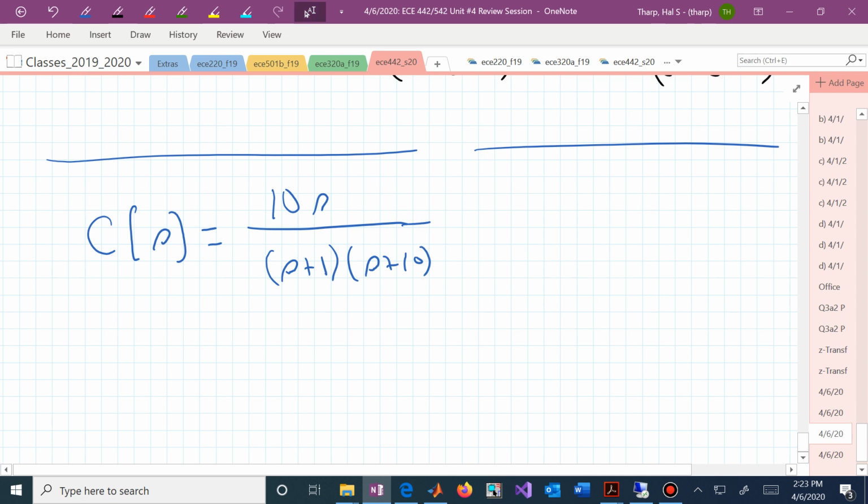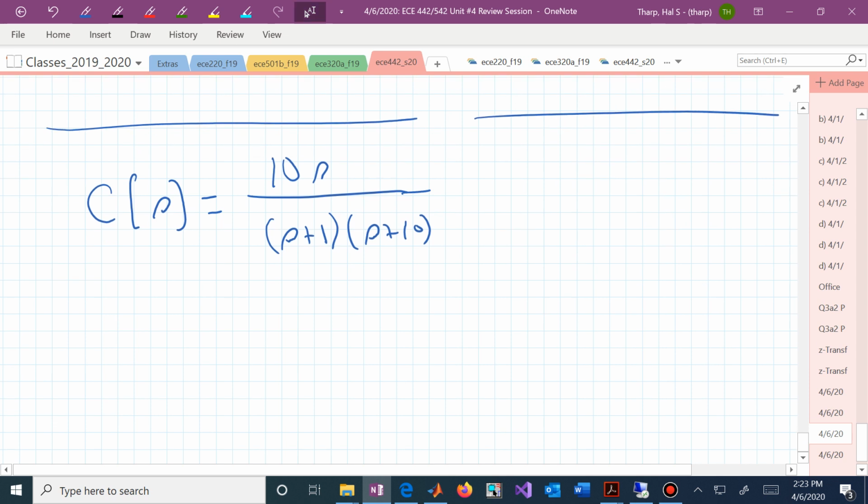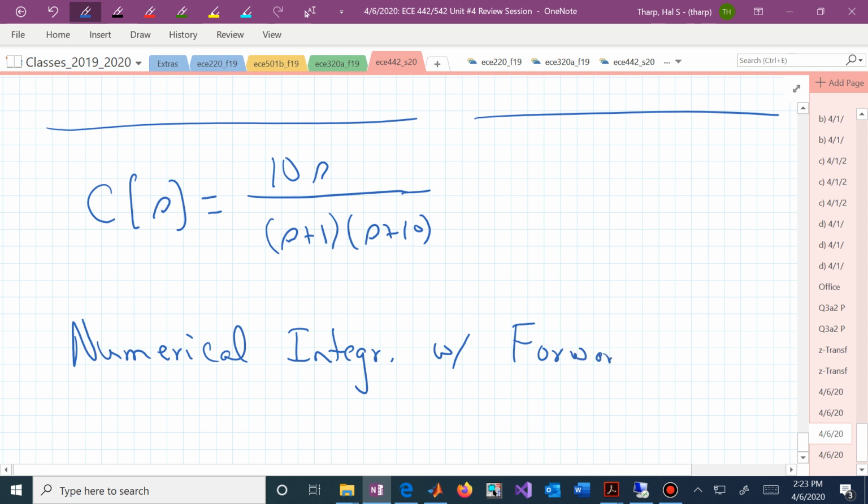And you now are asked to do a numerical integration strategy using the forward approach, and that now immediately tells you what substitution you need to make for each of these s values in your expression.